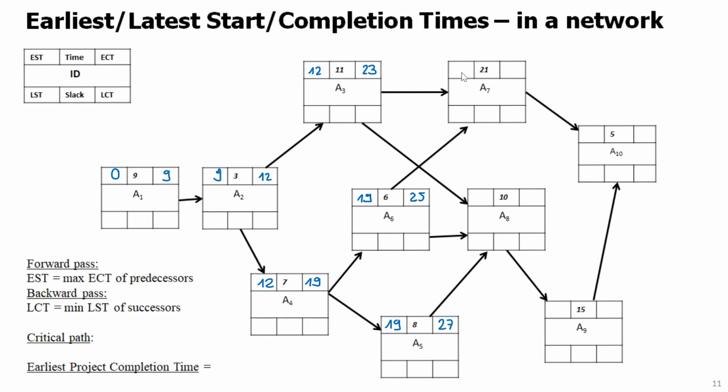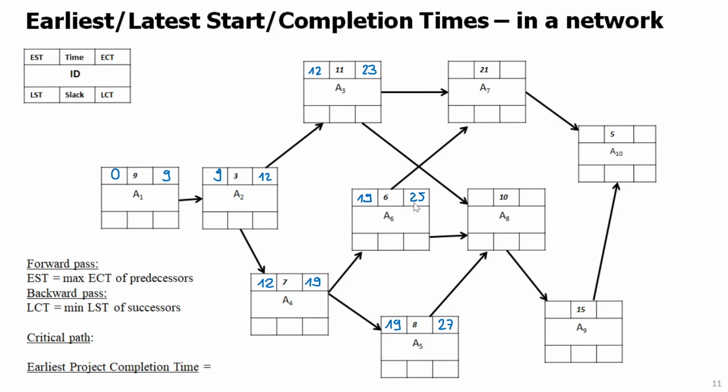Now I can consider A7, and notice, I have to start it after I finish A3, but also after I finish A6. So you might be tempted to put here 23. But this is the earliest start time, meaning minimum start time, so you might be tempted to put the minimum value of those 2. However, starting this on day 23 would not be feasible, because on day 23, A6 will definitely not be finished.